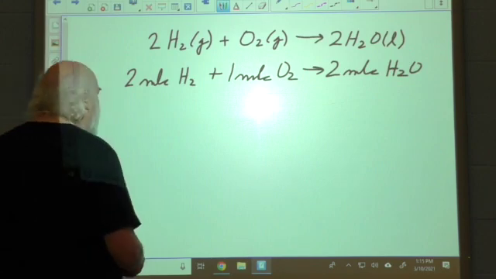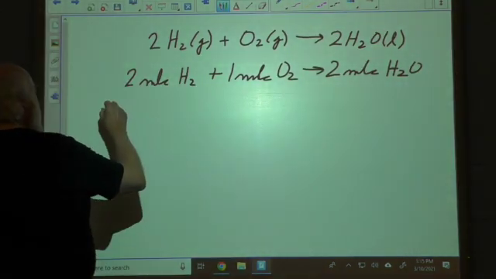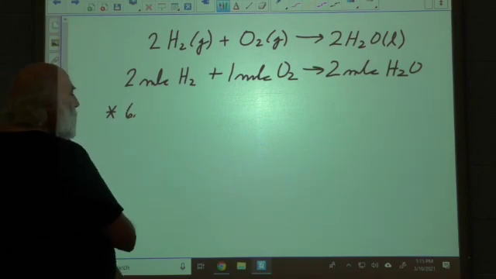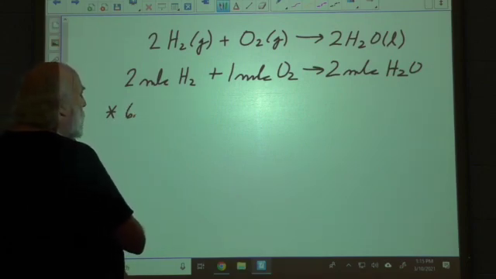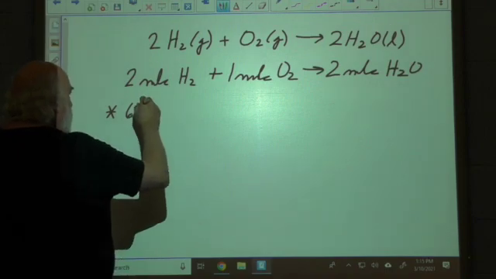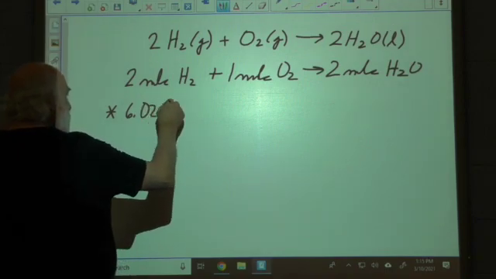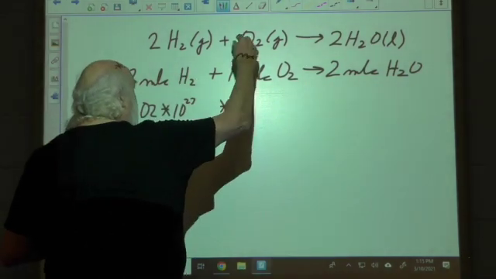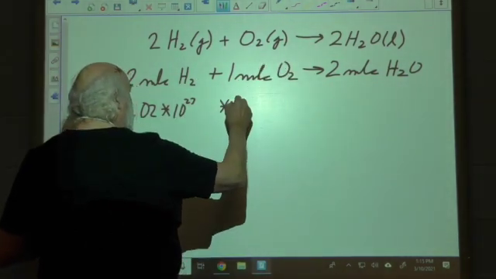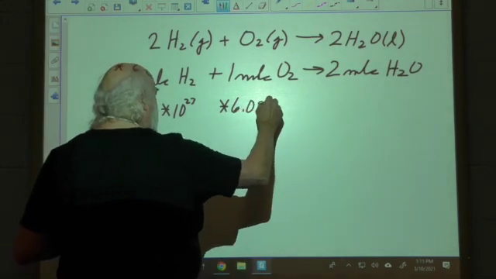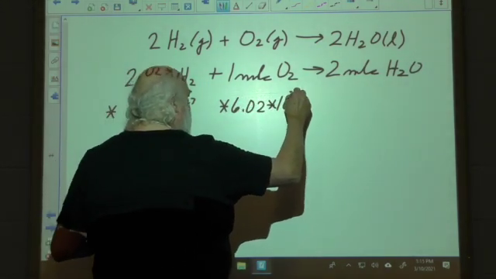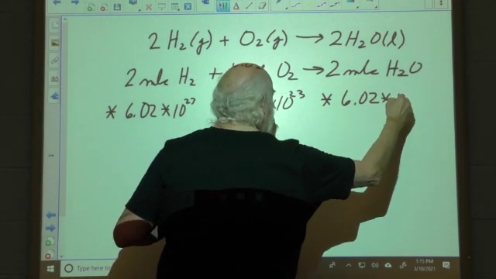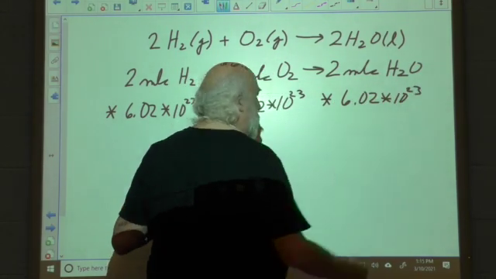So if I multiply this by 6.02 times 10 to the 23rd, and each part of this section here, we're going to do that. We're going to multiply each by 6.02 times 10 to the 23rd. Now the question is, why are we doing this?